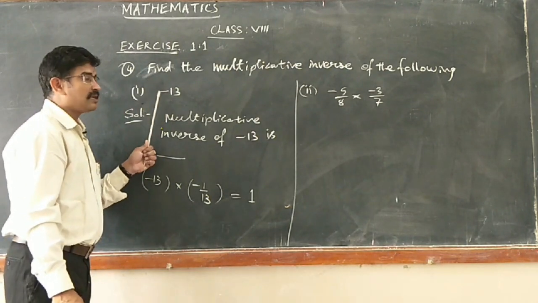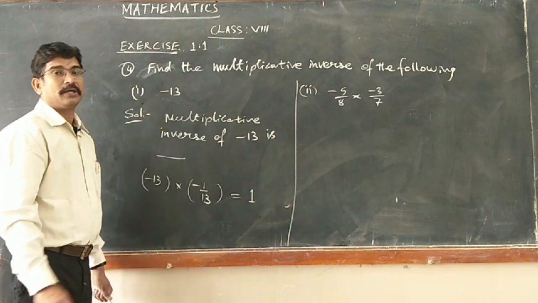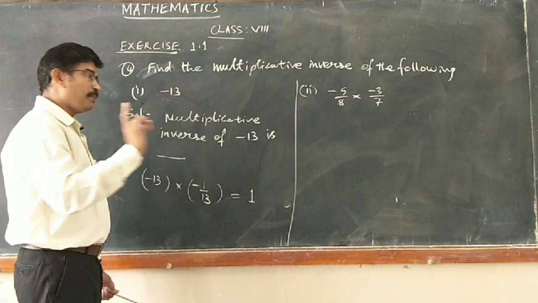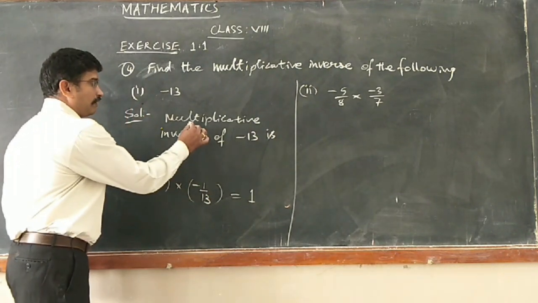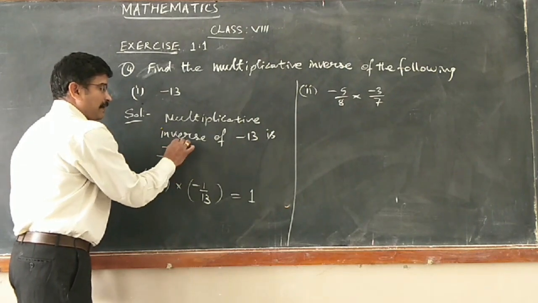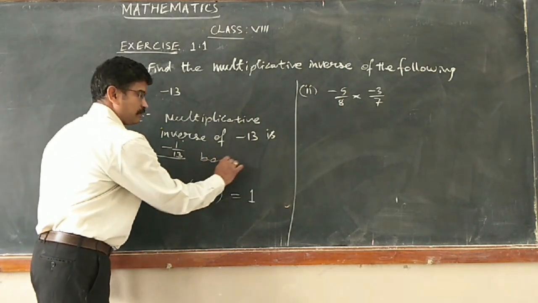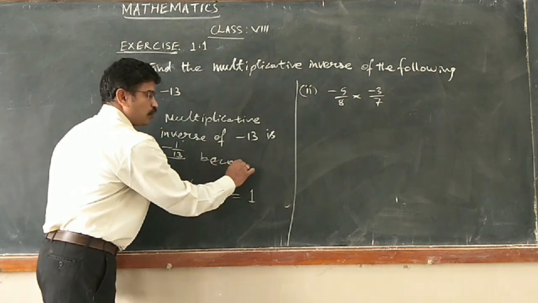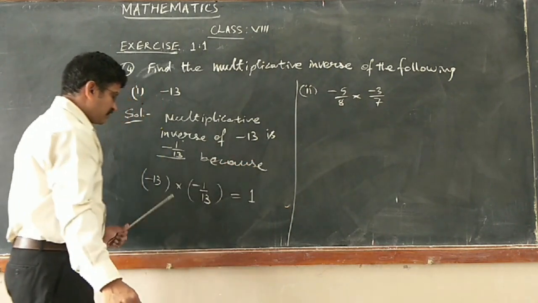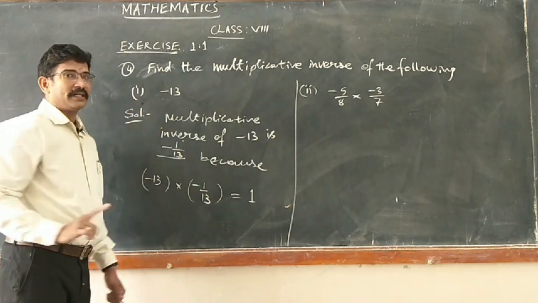If the given rational number is 0, then it will not have its multiplicative inverse. So be cautious there. So we can say the multiplicative inverse of minus 13 is minus 1 by 13, because of this reason.